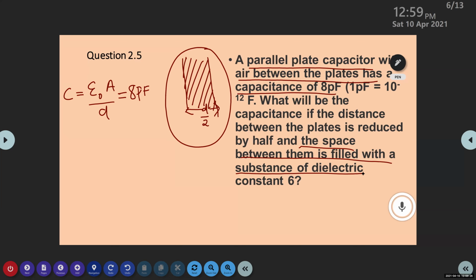What is the equation for calculating the capacitance of a parallel plate capacitor if the medium of separation between them is a dielectric?